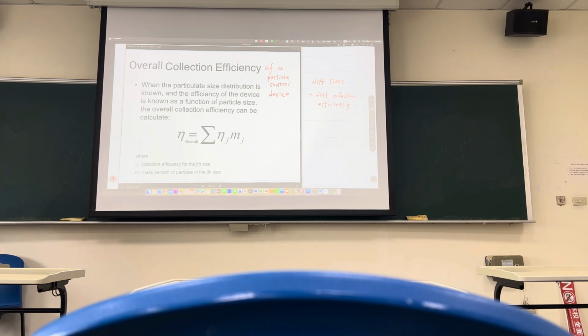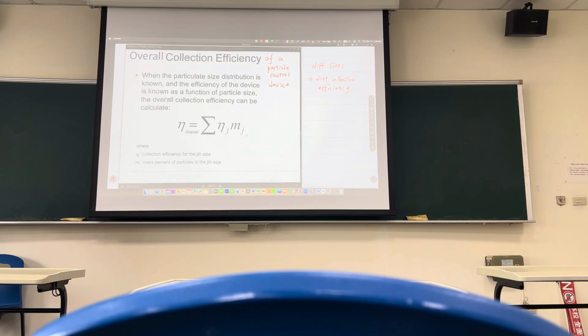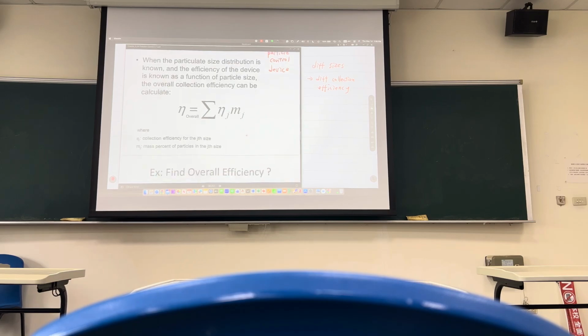Therefore we need to find out the overall efficiency. Okay, so this is the formula.